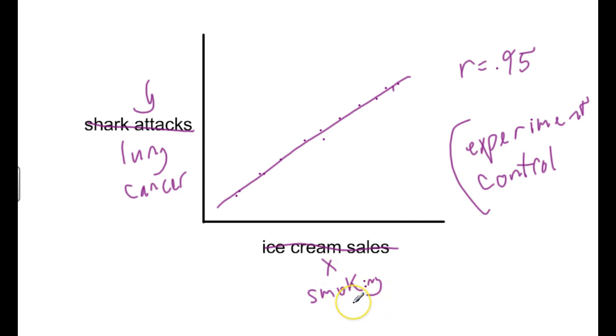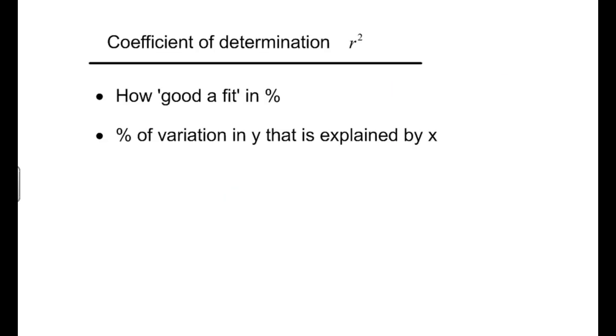It may make you feel better. And so he actually made the argument that we just don't know, because we need to do some experiments in order to prove that that's true. And they finally did those experiments, and it was proven that smoking did cause lung cancer. But for a long time, we just had some data, and scatter plots cannot prove causation. So that's a real important concept for you.